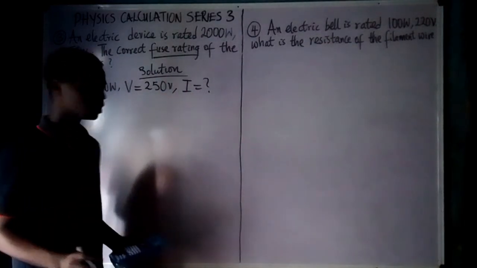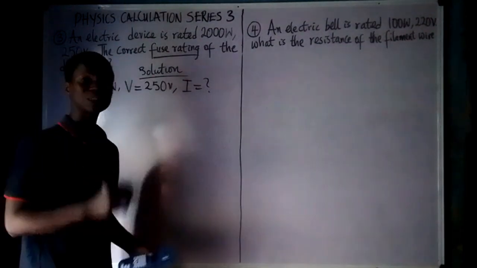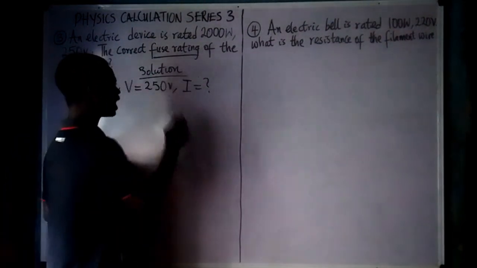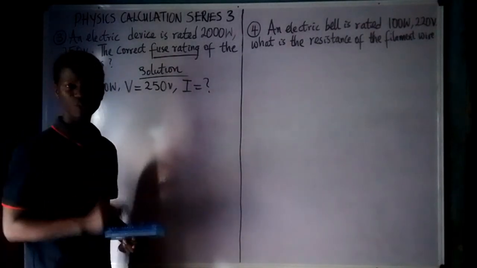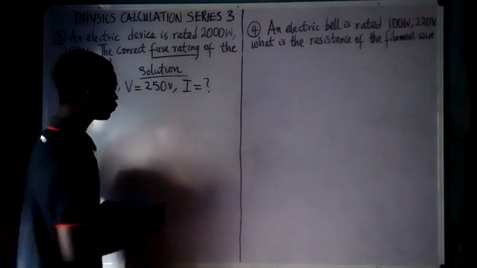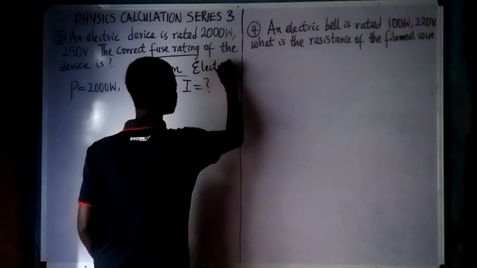Now we have power. We have voltage, also called potential difference, and our current is unknown. What formula do you think we can actually use to solve this question? Now, before we continue, this question is from the topic called electricity.